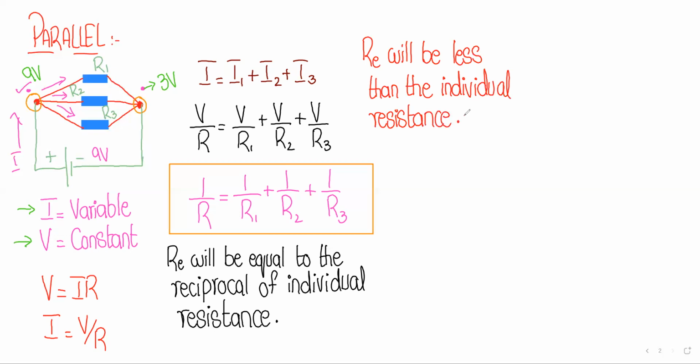Let's suppose we are going to calculate the values. We need to use the previous value from the question, that is equal to 1 over 4 plus 1 over 3 plus 1 over 2. By calculating these values, you will get the answer, and that answer will be less than the individual one.